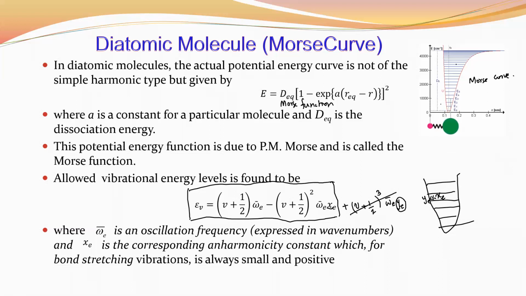So when the value of v is very high, the difference between energy levels must be very small. Then we will get a continuous spectra for large quantum numbers or large values of v.